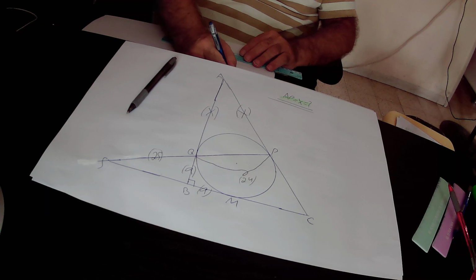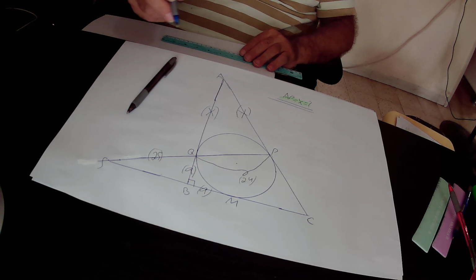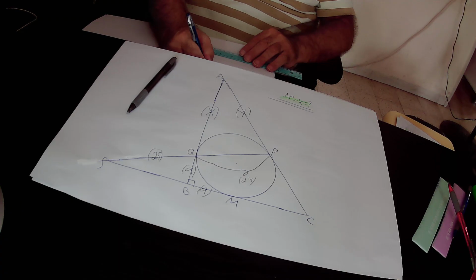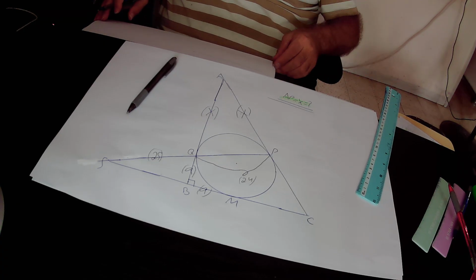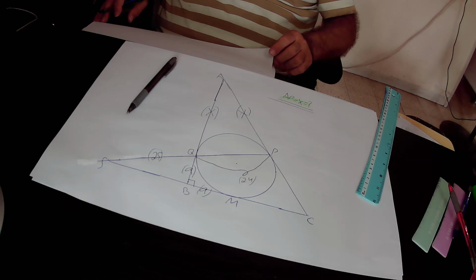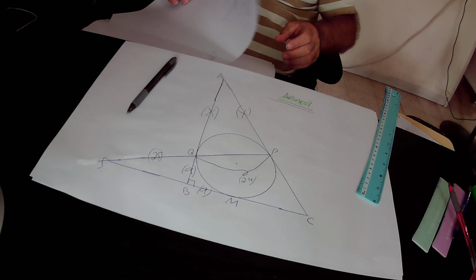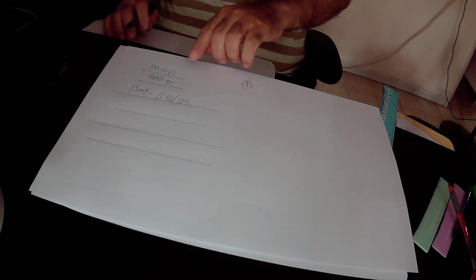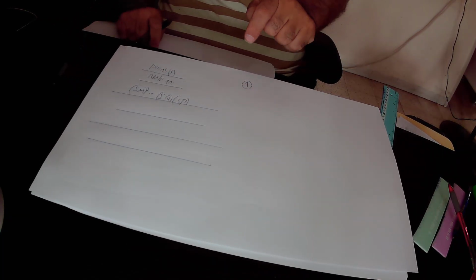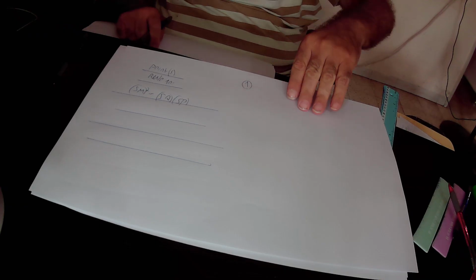According to rule 10, SM square equals SQ times SP. If we focus on point S, the following equation is true: SM square equals SQ times SP.